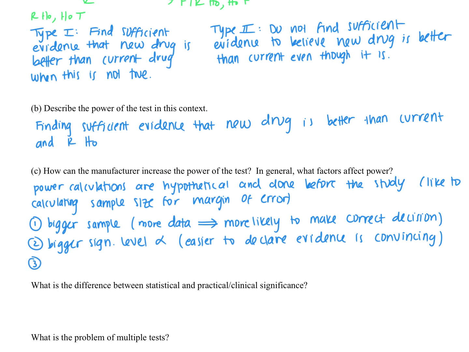So those are the 2 that are most practical. Take a bigger sample or make your alpha bigger. The last one that I'm going to write down does affect power, but it is not a practical choice. The last one is to make the new drug even better.